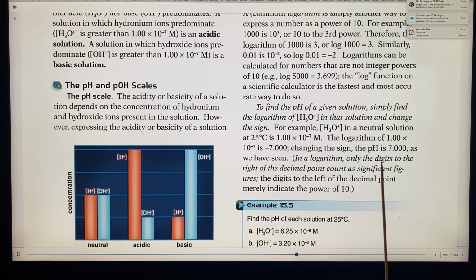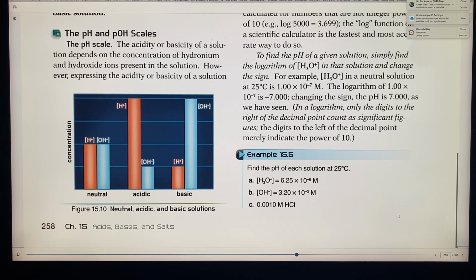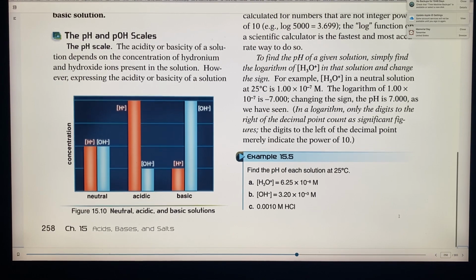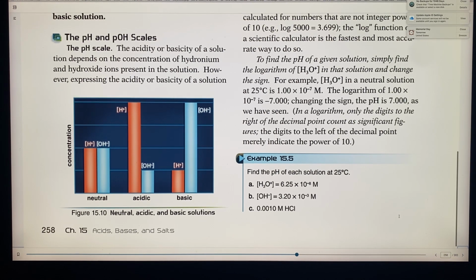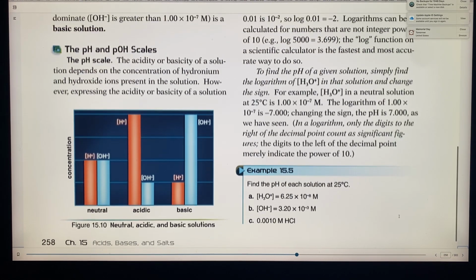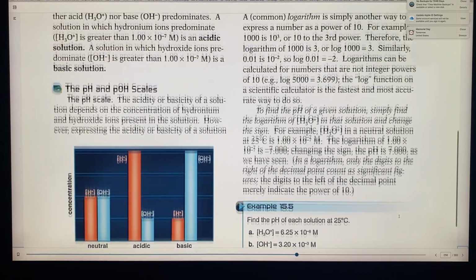These are kind of hard to do if you don't understand logarithms yet, so I don't think you'll be asked to do these. I put them together anyway, but since you haven't learned about logarithms, it's going to be a little hard to do, and you have to have a scientific calculator to do them.